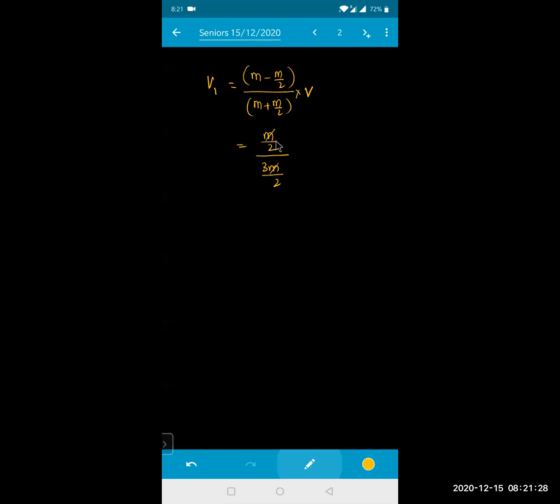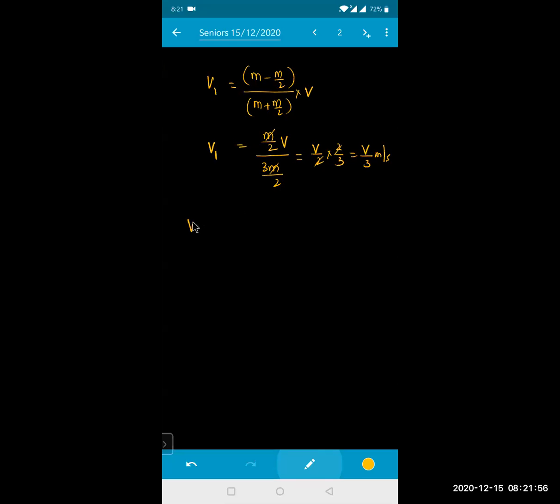So this m will get cancelled, and this becomes v by 3, the 2 also gets cancelled. This one is v by 2 into 2 by 3, so the 2 gets cancelled, and this will be equal to v by 3 meters per second. That means after collision, the velocity v1 is v by 3.